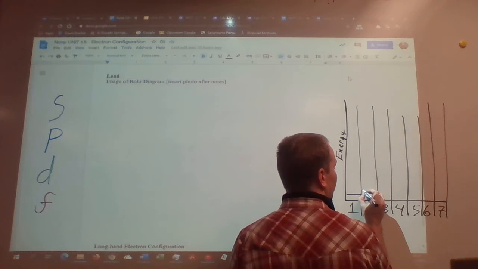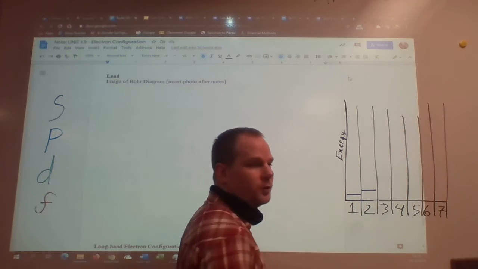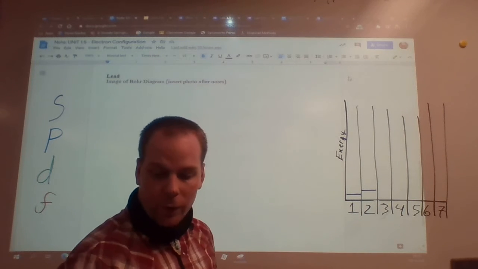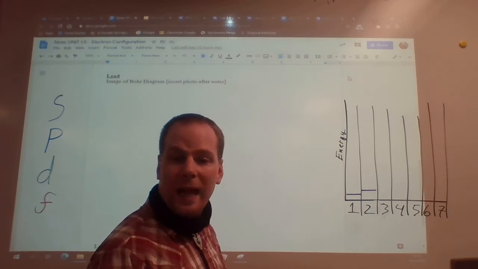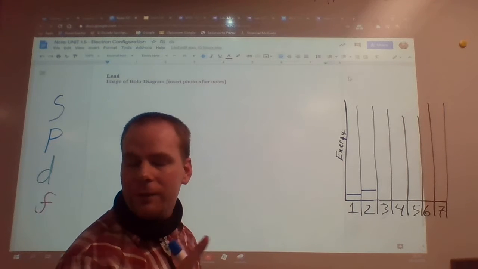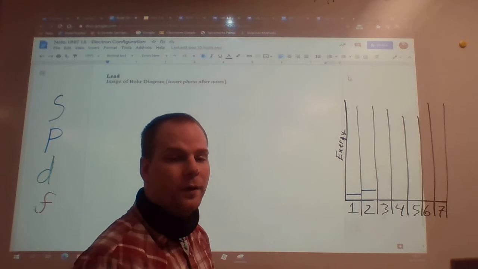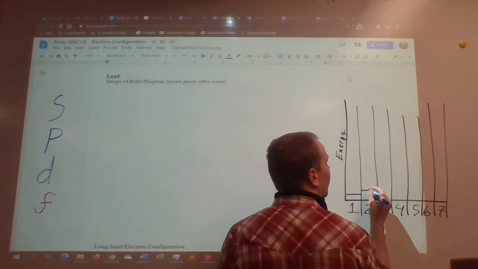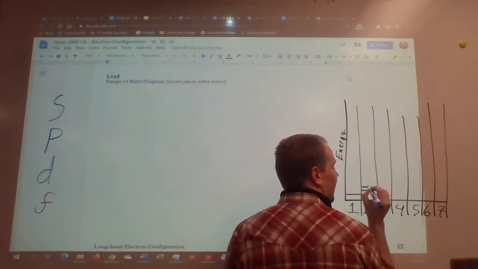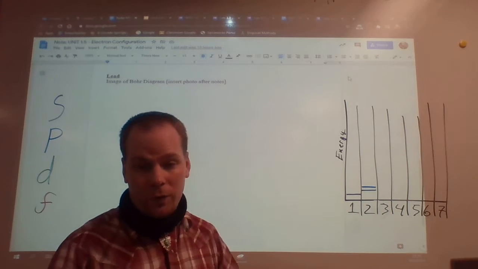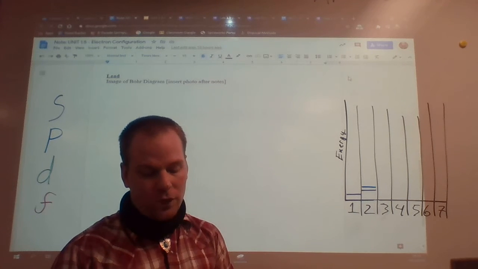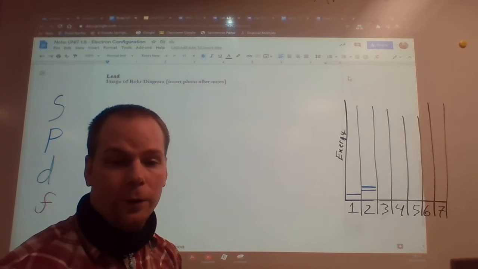Well, energy level 2 also has an S subshell, which is going to fill first. But then after the 2s subshell fills, the 2p subshell is going to fill, which has just a slightly higher energy requirement, which means that the 2s subshell has to be filled first.